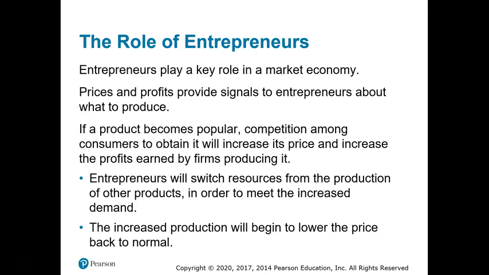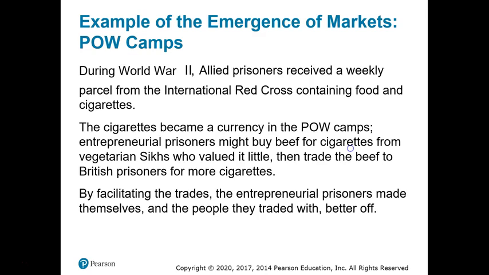So entrepreneurs will switch resources from production of other goods in order to meet an increased demand, and they do the same thing when it's no longer a necessity. This increased production will begin to lower the price because there's so much out there, and when it does, we have to stop that production. So this is how the entrepreneur manages a company.